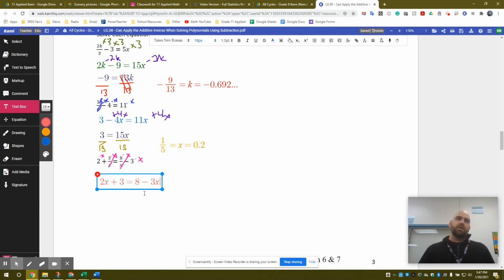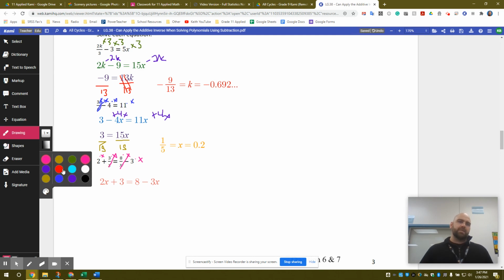All right, so once we're at this point here, now we want to move everything onto the same side. Again, like I've done kind of in the past, I'm going to add 3x, and I'm going to subtract 3 from both sides. So I'm going to add 3x to both sides, and I'm going to subtract 3 from both sides.